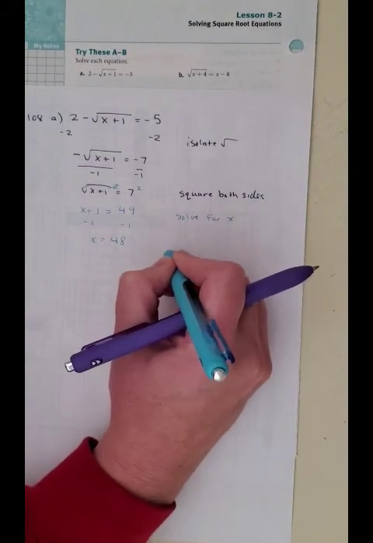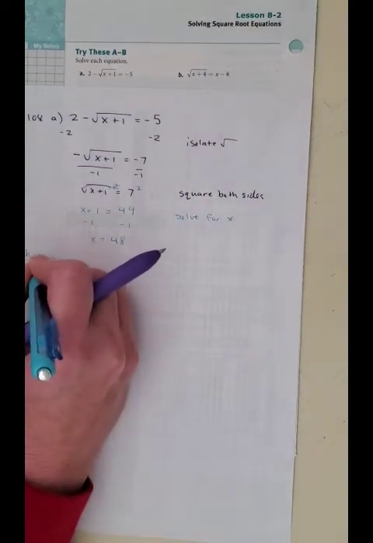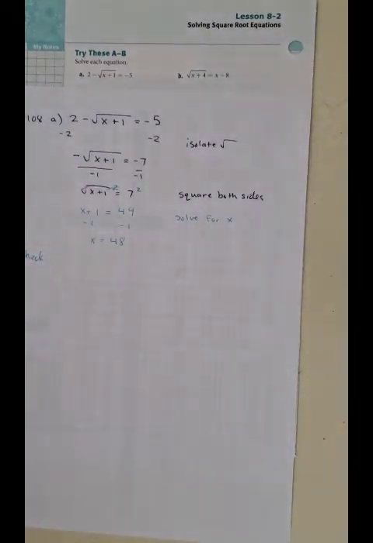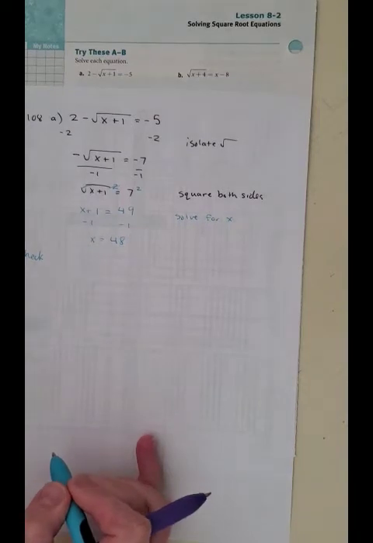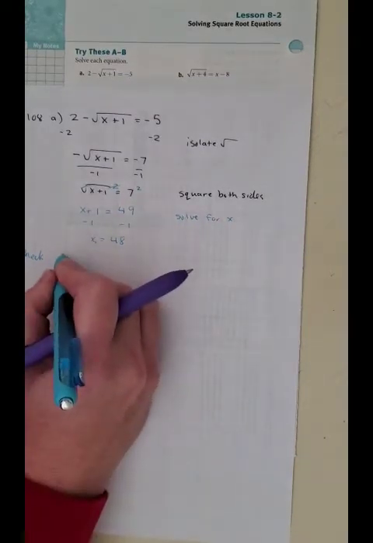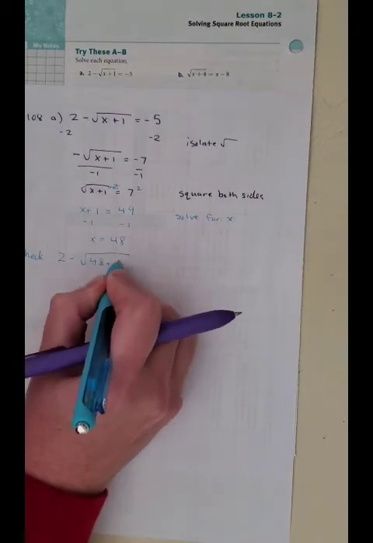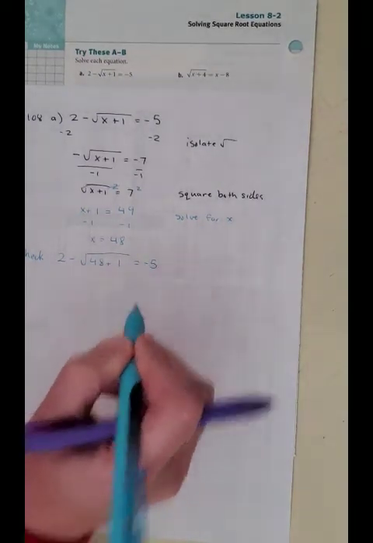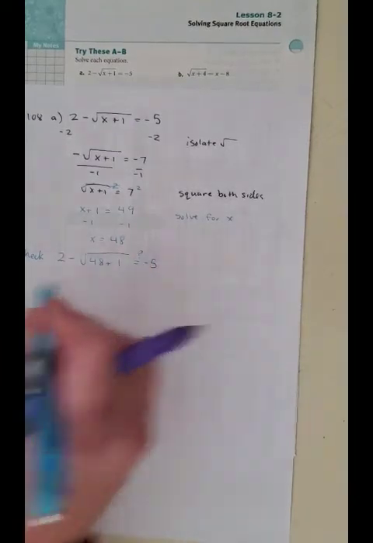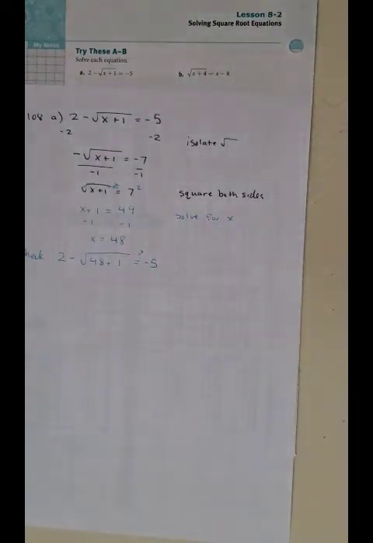Now I have to do my check. Checking this back into the original equation, I have 2 minus the square root of 48 plus 1 is equal to -5. And I am checking, so I'll put a question mark there.